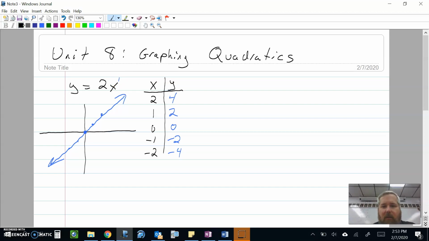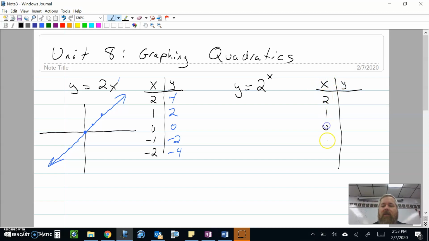Then last unit, the one we just took a test on, was y is equal to 2 to the power of x. Right? That was an exponential function. And if we were to make a table of values here, I get x, y, 2, 1, 0, -1, and -2.